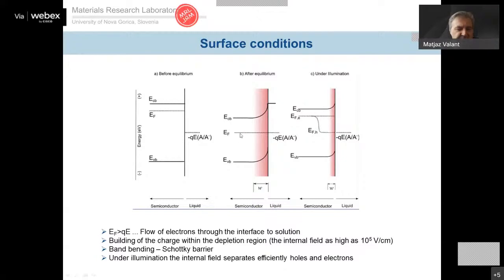Because the Fermi level will, as you see, move down so much, it will also bend the valence band and the conduction band together. So we will get something called band bending. And this is very typical for any kind of surfaces and interfaces.